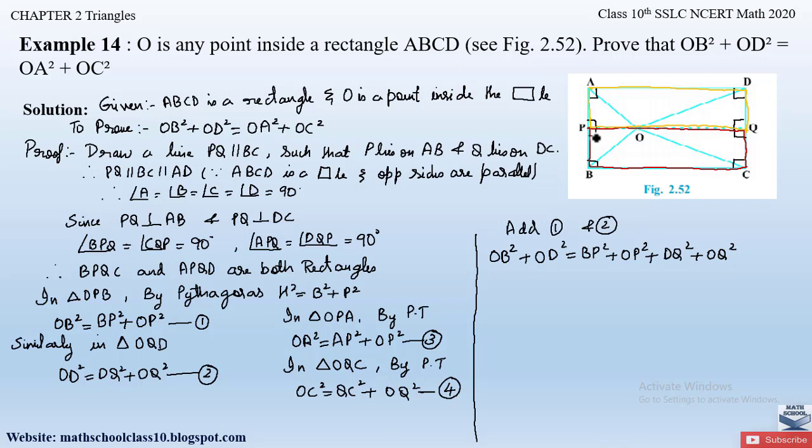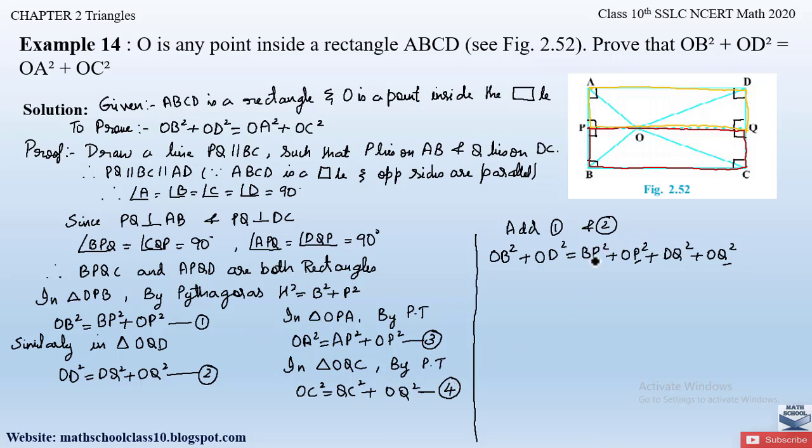Now here if you observe, OB square plus OD square we should get OA square plus OC square. But here if you observe, OA square and OC square are equal to AP square plus OP square and QC square plus OQ square. So we have OP square and OQ square matching the right hand sides of equations 3 and 4.